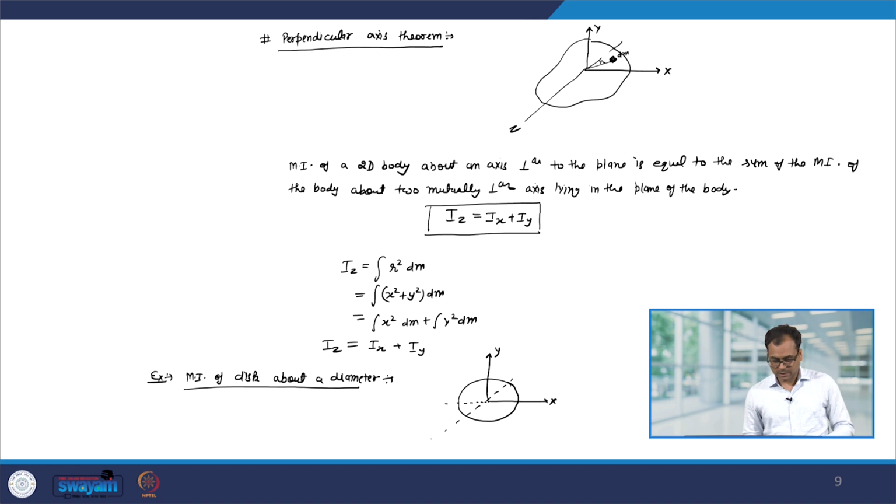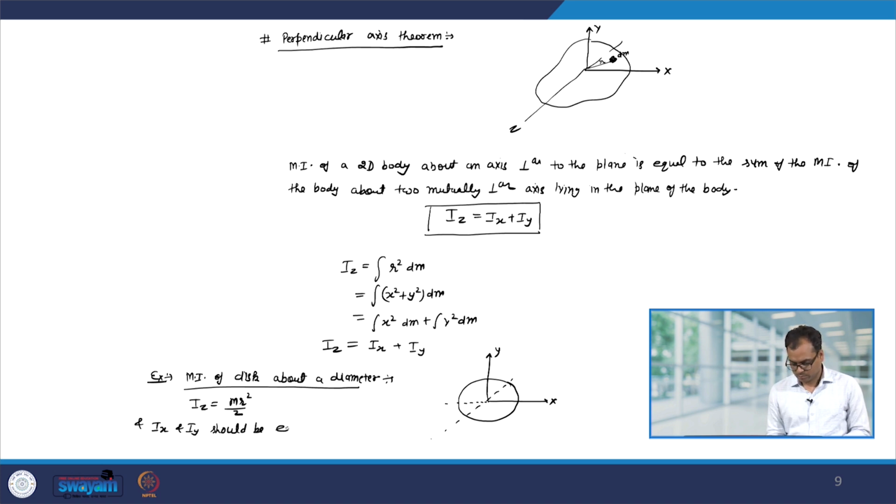So, we know that the moment of inertia Iz is mr square divided by 2, and because of the symmetry, Ix and Iy should be equal. Okay. Therefore, Ix or Iy should be mr square divided by 4, okay, because Ix plus Iy should give you Iz.